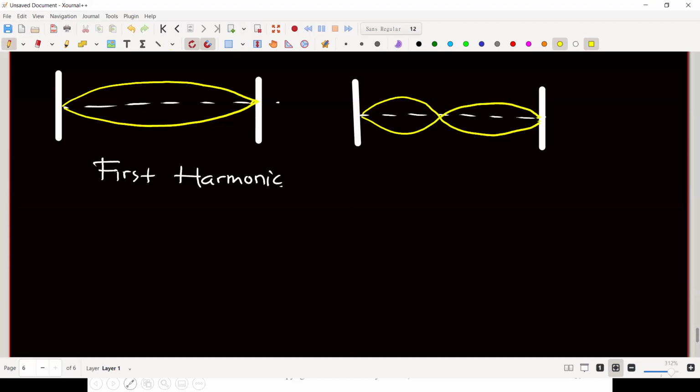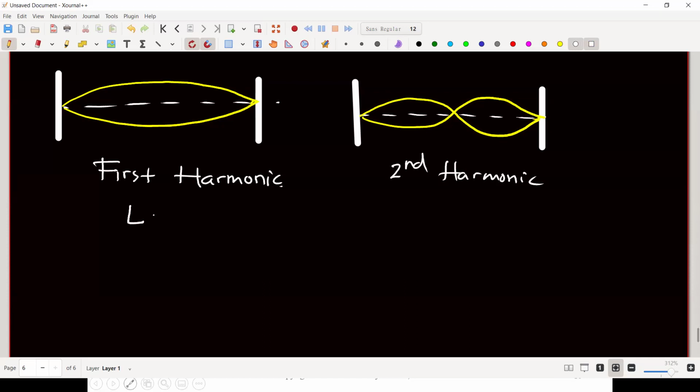Okay, so this one is the second harmonic, and so on. So for the first, L is equal to lambda divided by 2, but for this one L is equal to lambda, or 2 times lambda divided by 2.